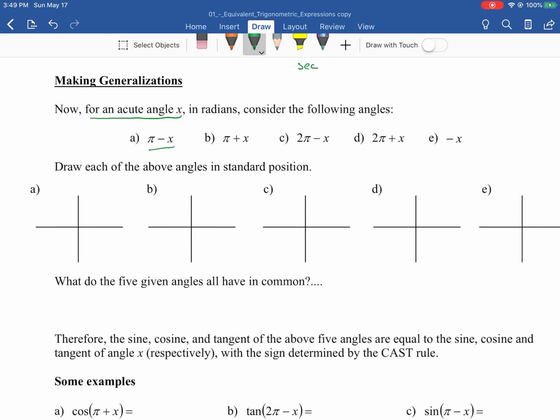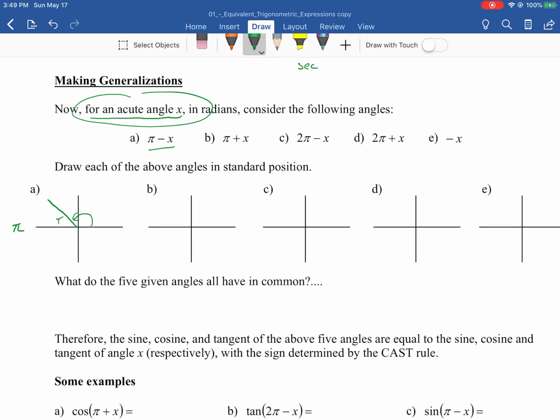Here's what I mean by that. It says, draw the angle pi minus x. What that means is, there's pi, and I want to draw an angle that's pi subtract an acute angle. So that's in this quadrant here. Someone's immediate response is, well, how do you know it ends up in that quadrant? That's because we decided it was going to be acute. For all the diagrams I'm doing, x is an acute angle, meaning smaller than pi over 2, smaller than 90 degrees if you're having trouble with radians.